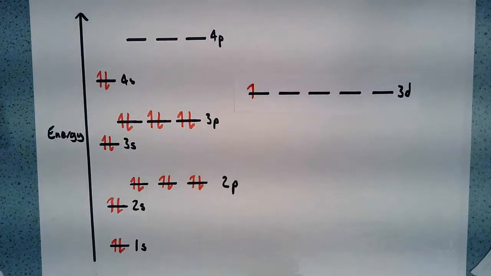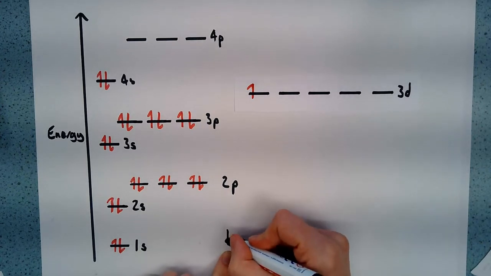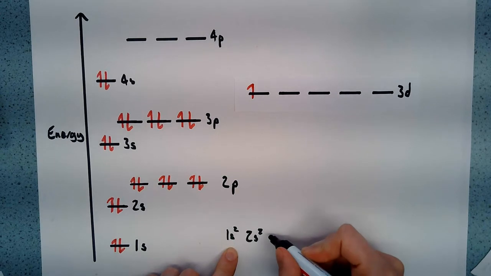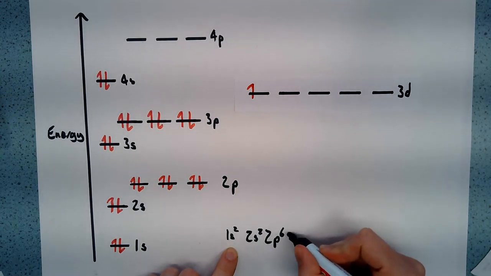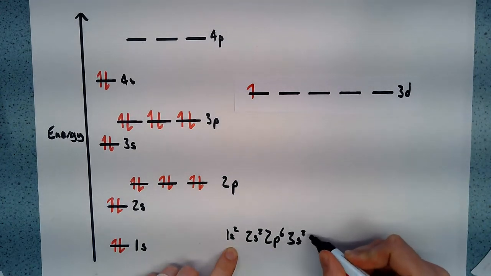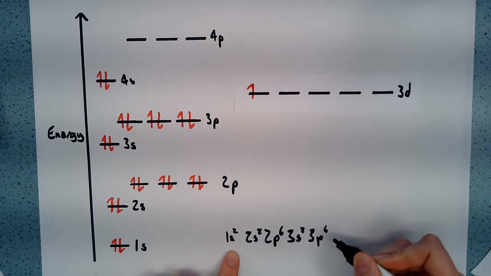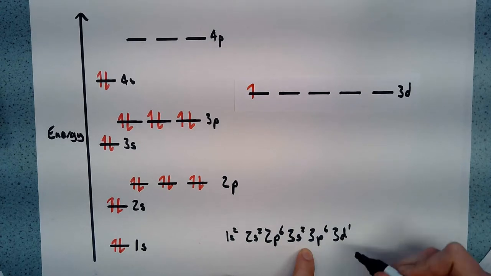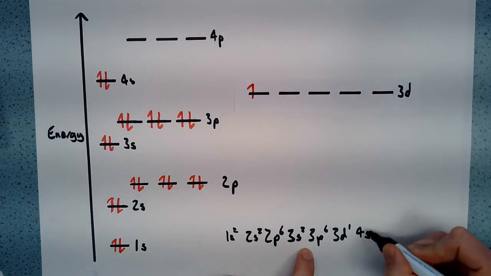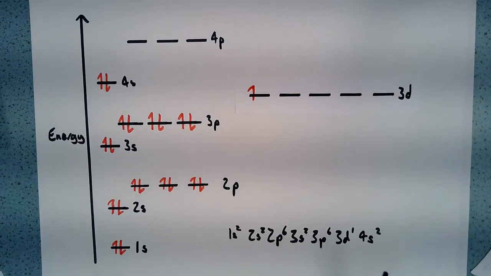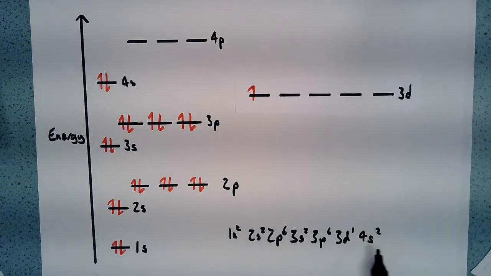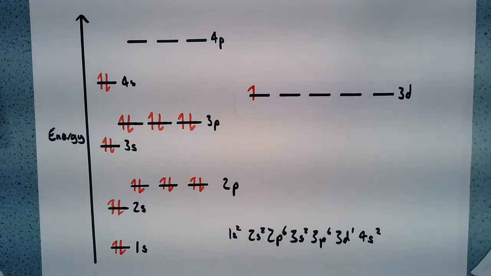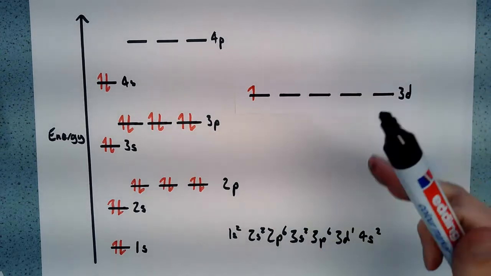So the electron configuration for scandium is 1s2, 2s2, 2p6, 3s2, 3p6, and then 3d1, and then 4s2. And the important thing I find about writing it this way, you can write it with these two the other way around, as if you were filling it in order of the lowest energy level when they were empty.